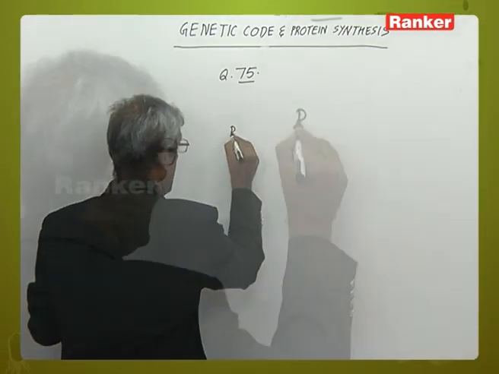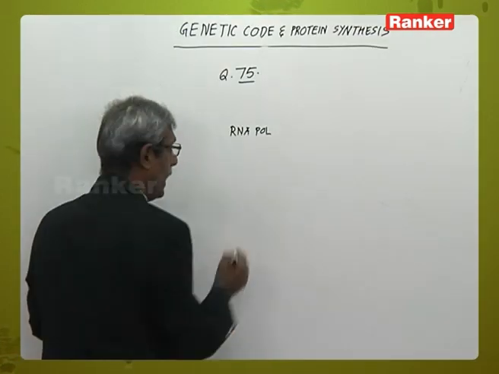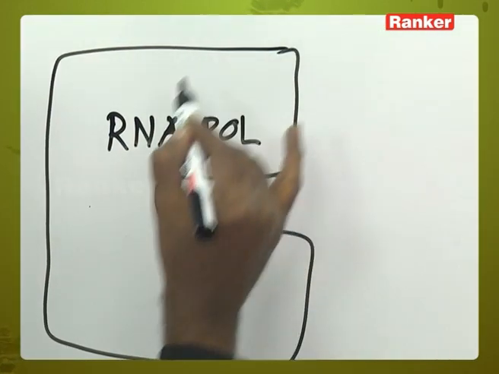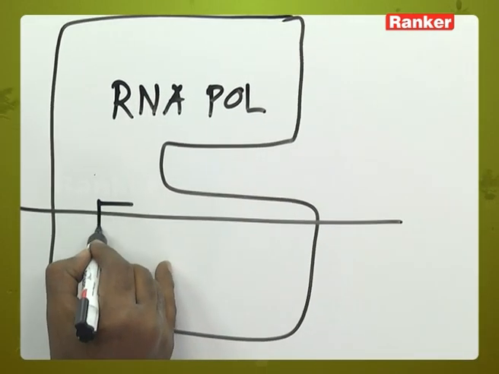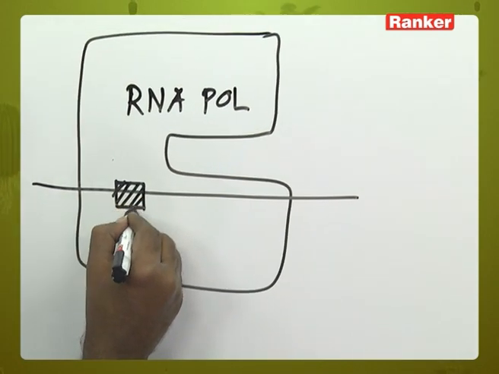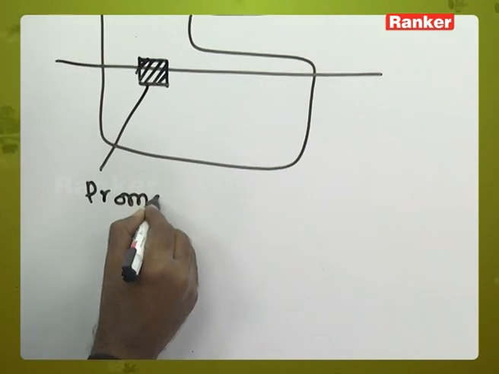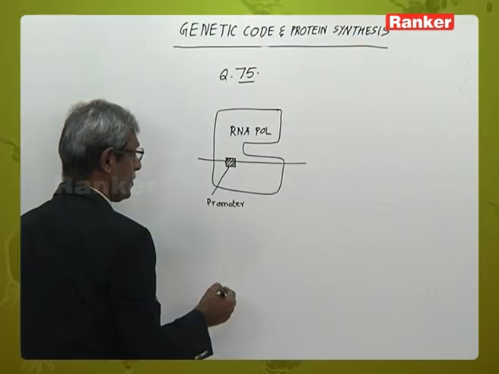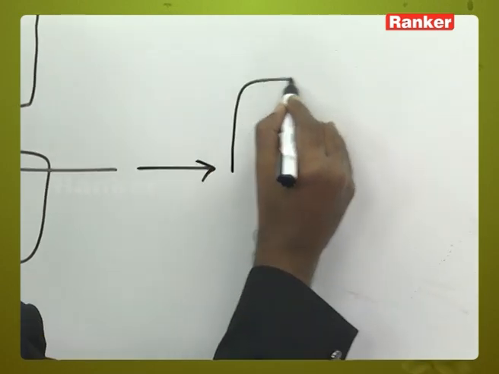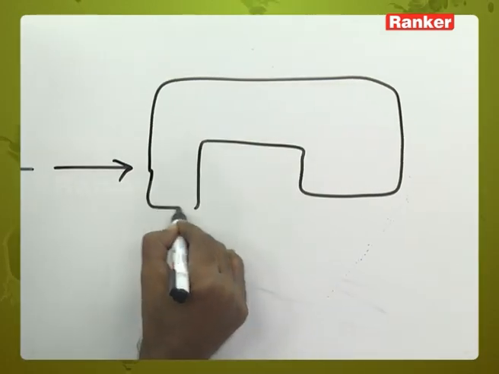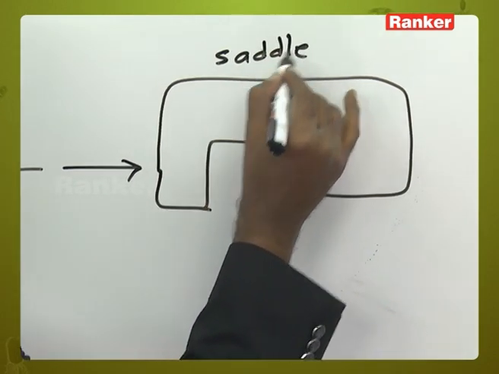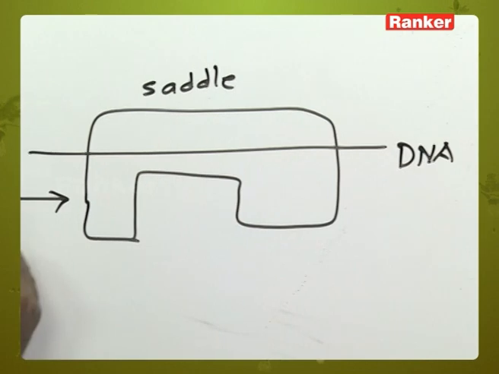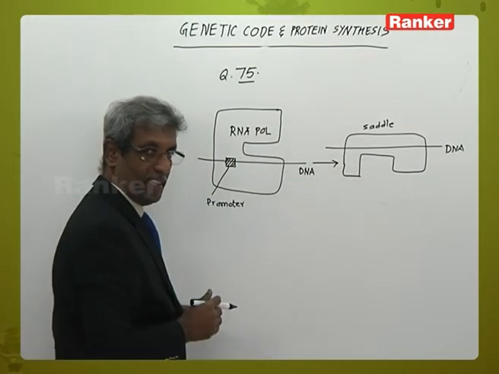Now, whenever an RNA polymerase binds to a promoter sequence, on binding, it forms a saddle-like structure.